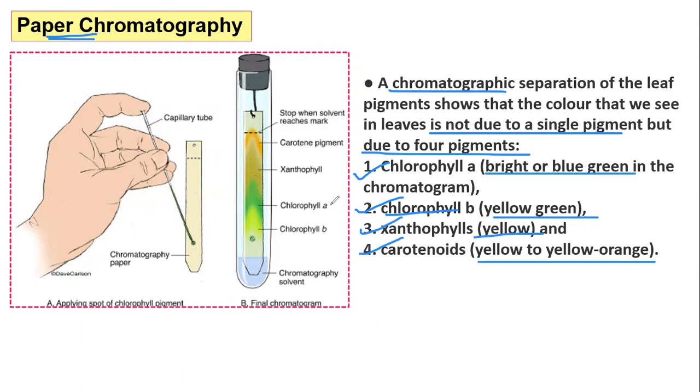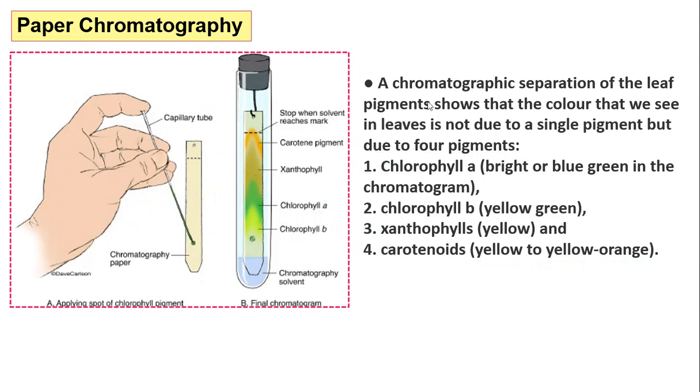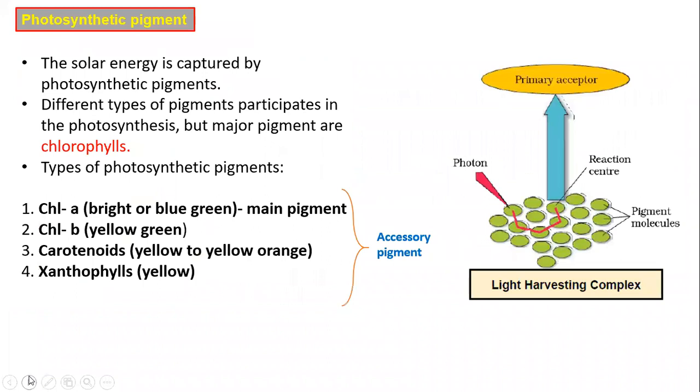So when we crush a leaf and apply the chromatographic method, from a single leaf you will see the separation of 4 different colors.